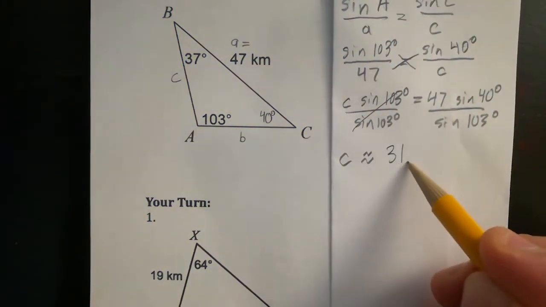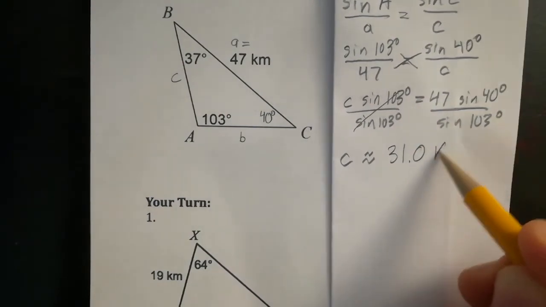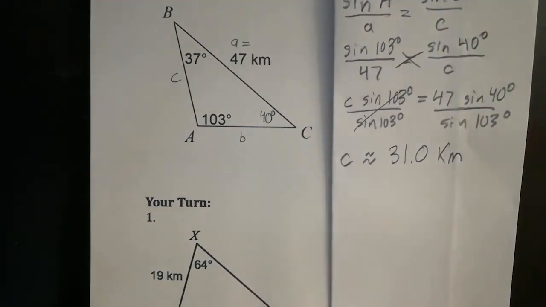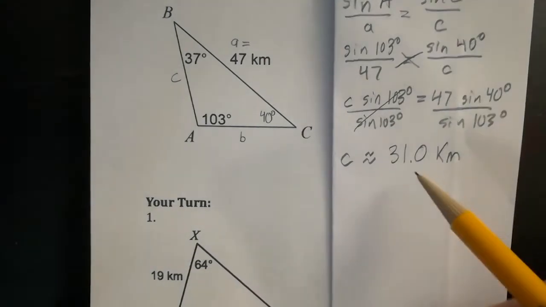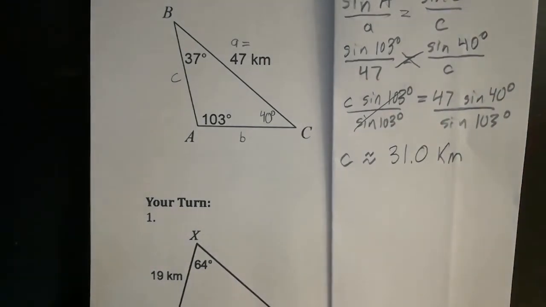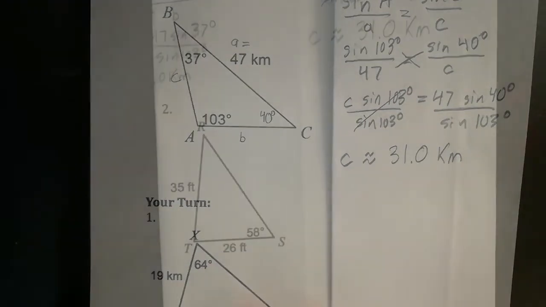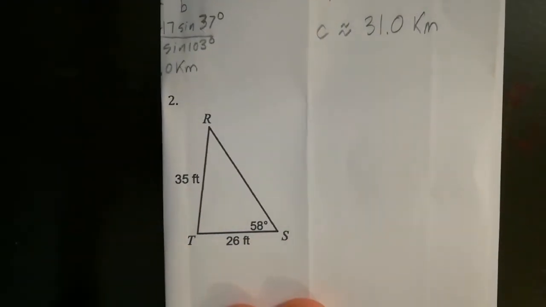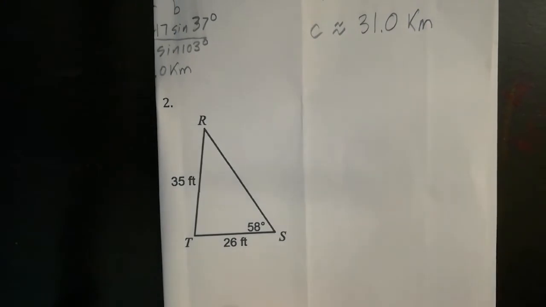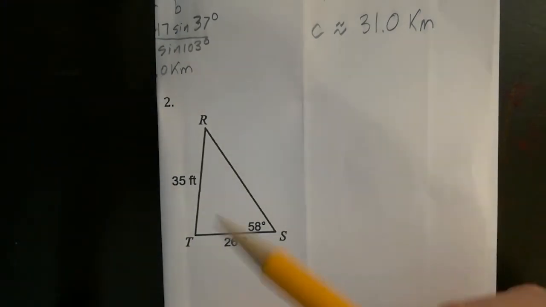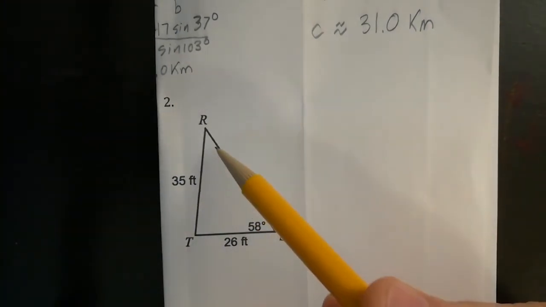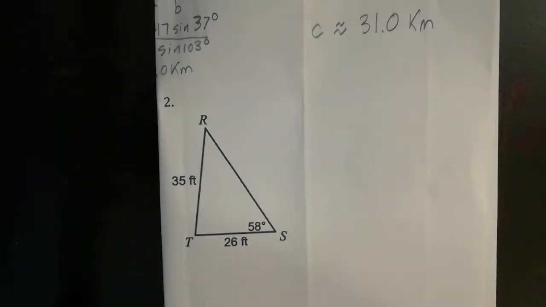If you just wrote 31, that's fine, but some of these might have some decimals other than 0 on them, so I'm just choosing to round these to the nearest tenth. So I'm going to do part of number 2, even though this is a your turn, just because this one we can't find the angle measures just by using basic geometry.